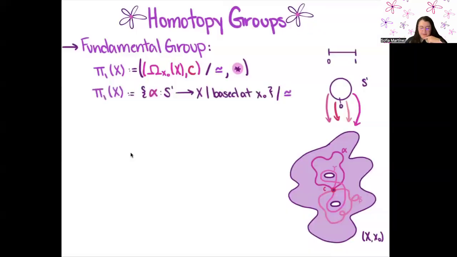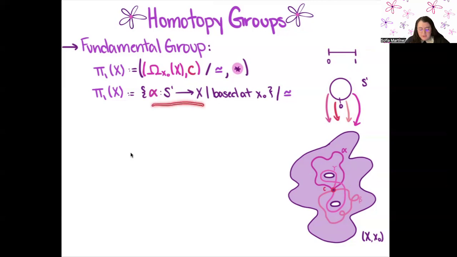Well, another way to think about it is the following. What are really functions from the interval, where they have to start and end at the same point? These are really functions from the circle, S1, to your space, images of the circle in your space. That's exactly a way to think about the fundamental group.